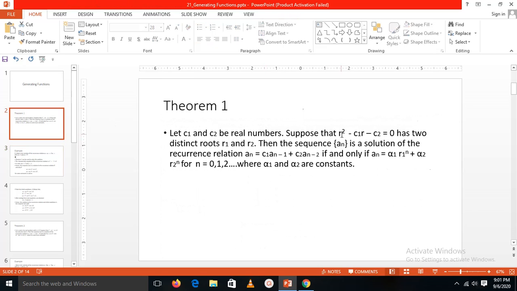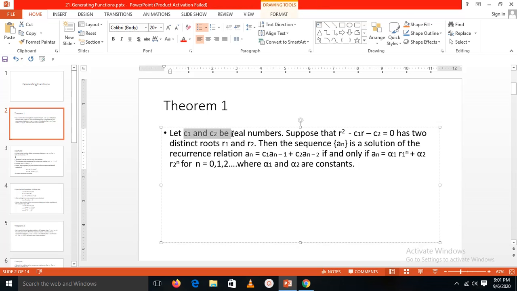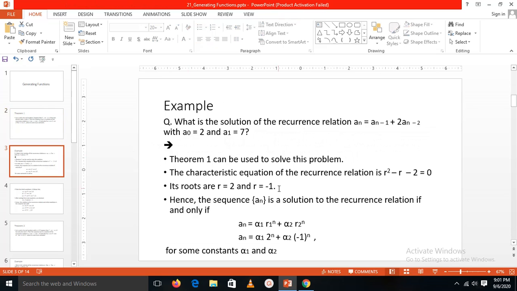See here: suppose that r squared minus C1 r minus C2 equals 0. This equation has two distinct roots r1 and r2, and in this equation C1 and C2 are two real numbers. So by using this equation we can create the characteristic equation for this recurrence relation.